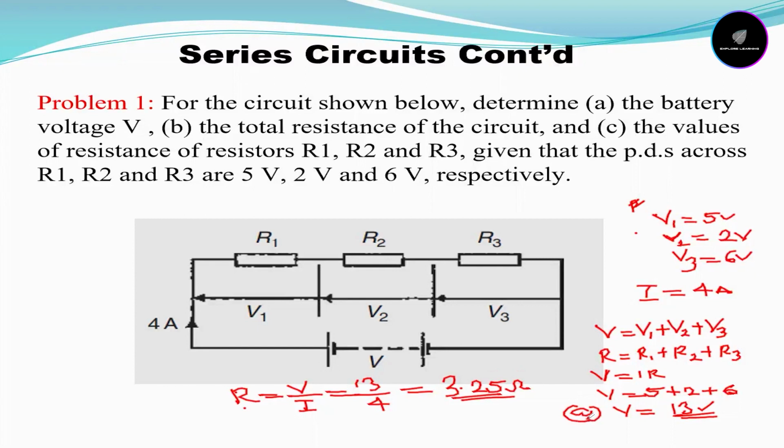Then we have also determined the total resistance of the circuit, which is B. So the total resistance of the circuit is 3.25. We have done that. The next thing we need to do is to calculate R1.